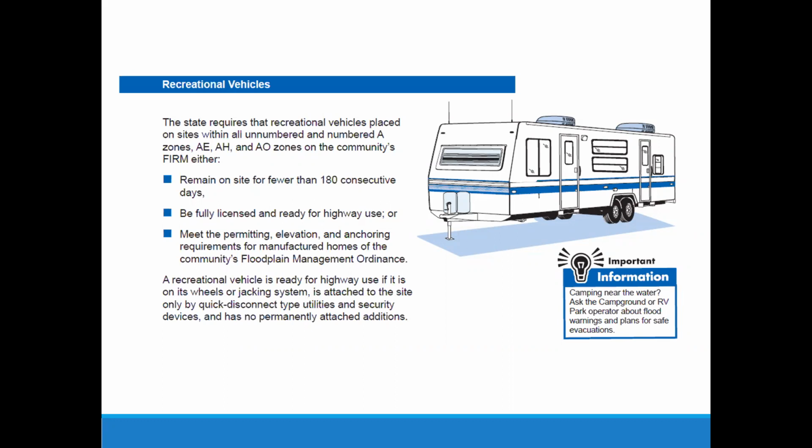So usually you can just tell by looking at it that it's more or less ready for highway use. And so that also means connected to the site only by the quick disconnect type of utilities. So it's not a permanent setup with the utilities that looks more like a structure and there's no additions being built onto it or something like that. That would be different.